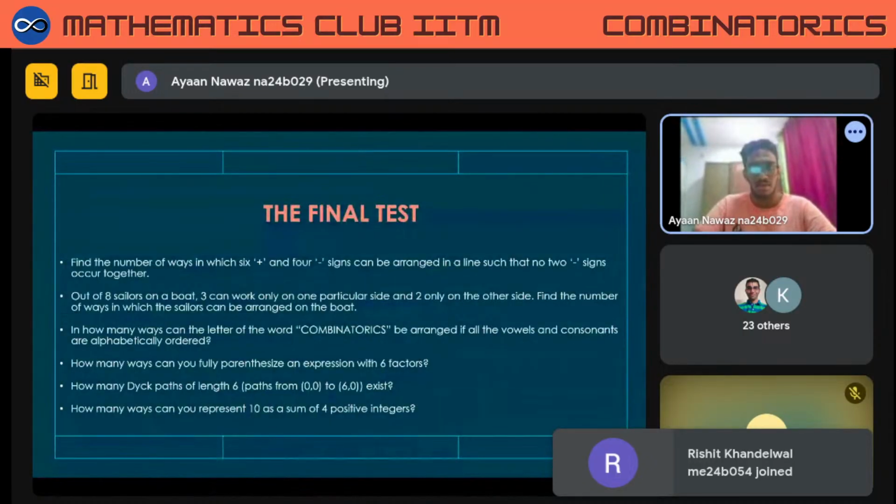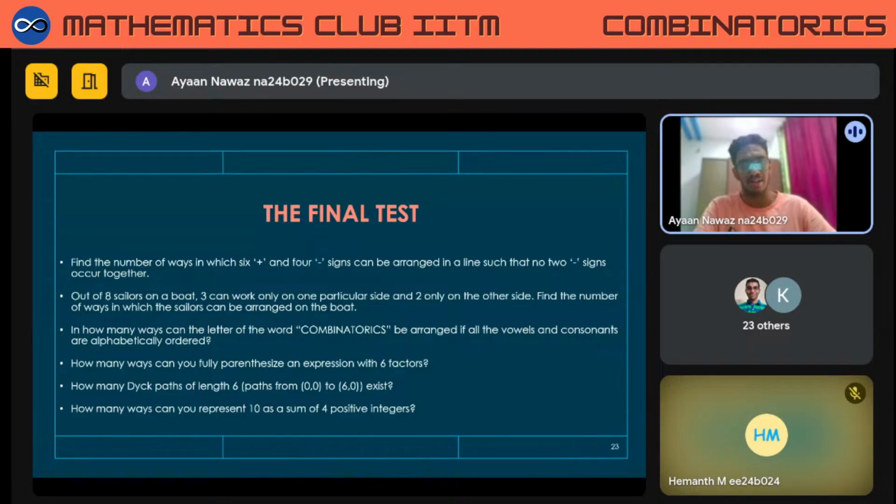Second one: 8 sailors on a boat. 3 can work only on one particular side and 2 only on the other side. Find the number of ways in which the sailors can be arranged on the boat.